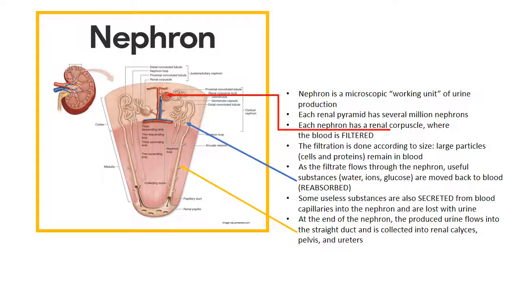So what is being filtered from the blood into the nephron is water, ions, salts, minerals, vitamins, single amino acids, for example. They are small enough to pass through the filter. Glucose, rather a large amount of glucose. Glucose is 100% filterable, so a lot of it goes from the blood into the nephron.